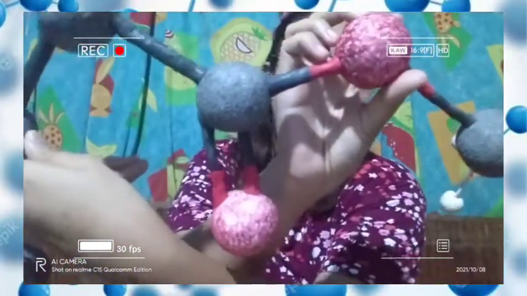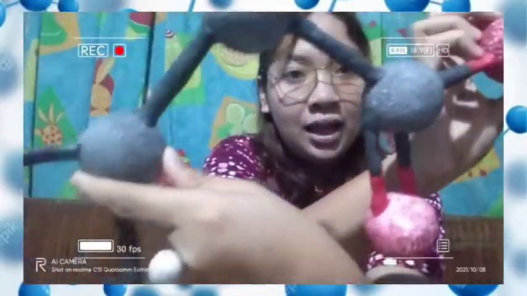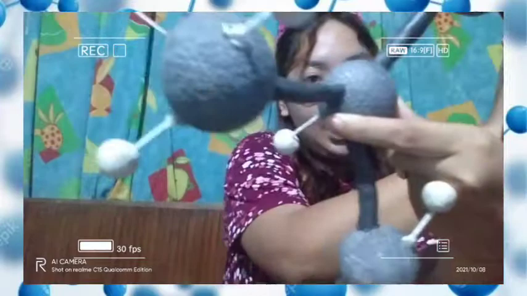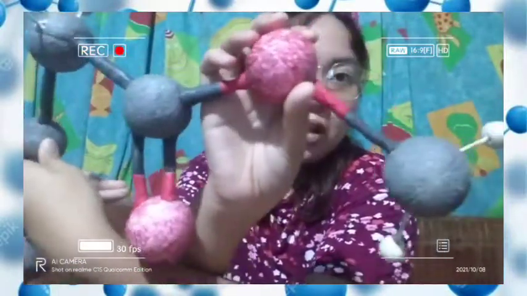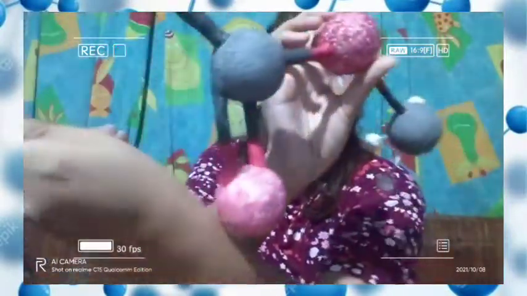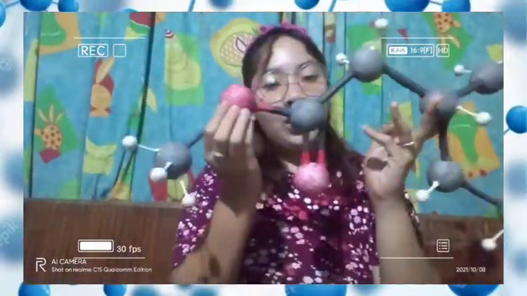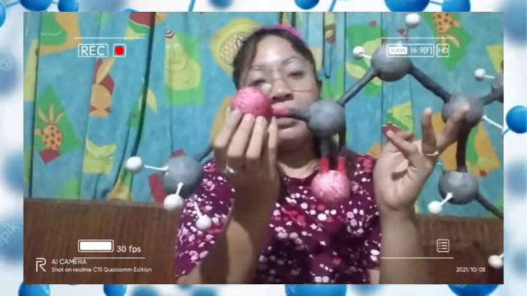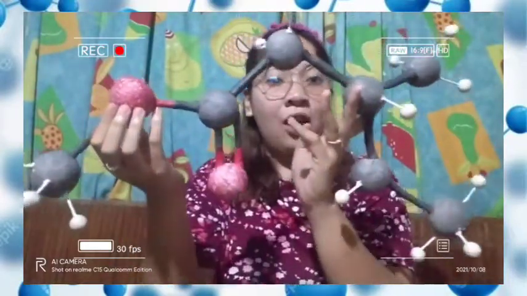So this is my molecule. As you can see, the balls or circles have different sizes, representing the structure of this molecule. This molecule, the methyl 3 methyl pentanoate, is responsible for the scent of the snake fruit.